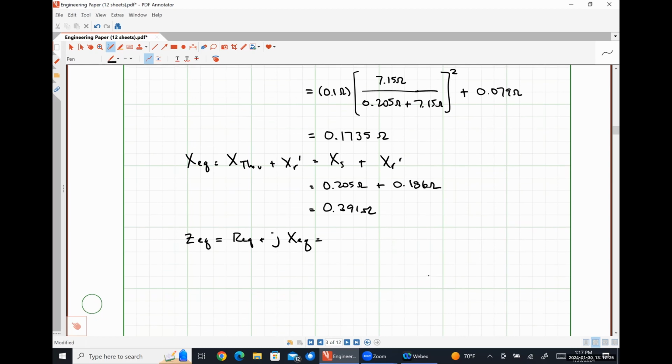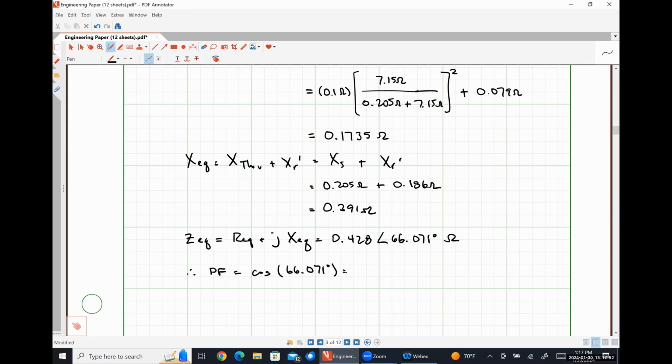I got 0.428 with an angle of 66.071 degrees ohms. And from here, our power factor is just the cosine of that 66.071 degrees.